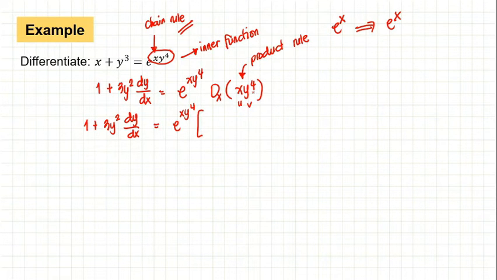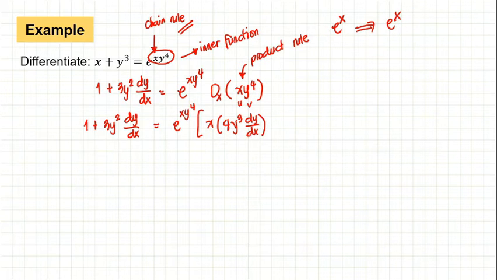So u dv plus v du, magiging u is x, times the derivative of y to the power of 4, and that is 4y to the power of 3 times dy over dx.